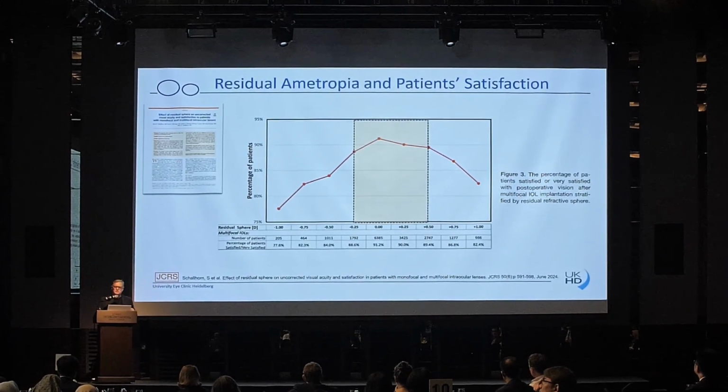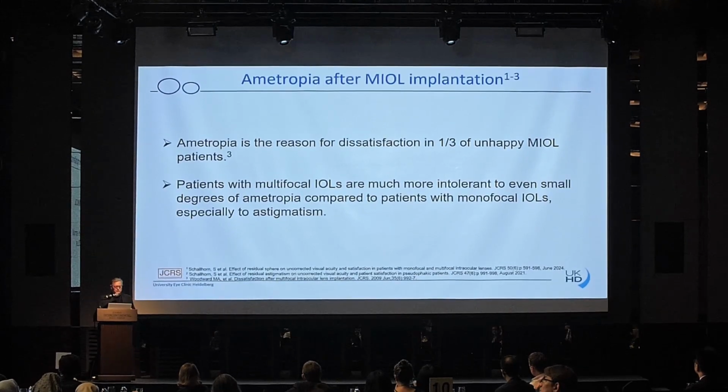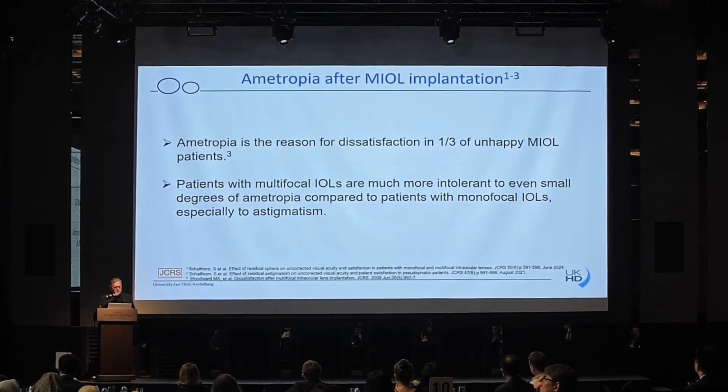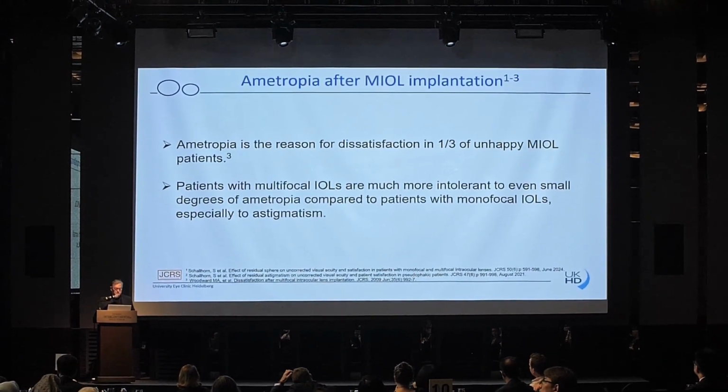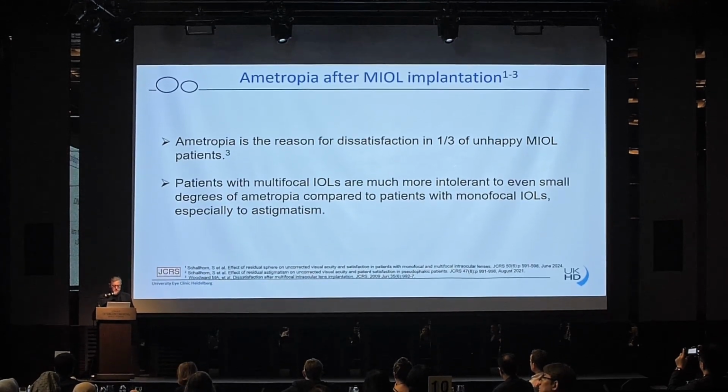If you are outside this zone, this will be one of the main reasons for dissatisfaction in unhappy patients. Especially multifocal and trifocal technology is quite intolerant, even to small amounts of ametropia, especially astigmatism.